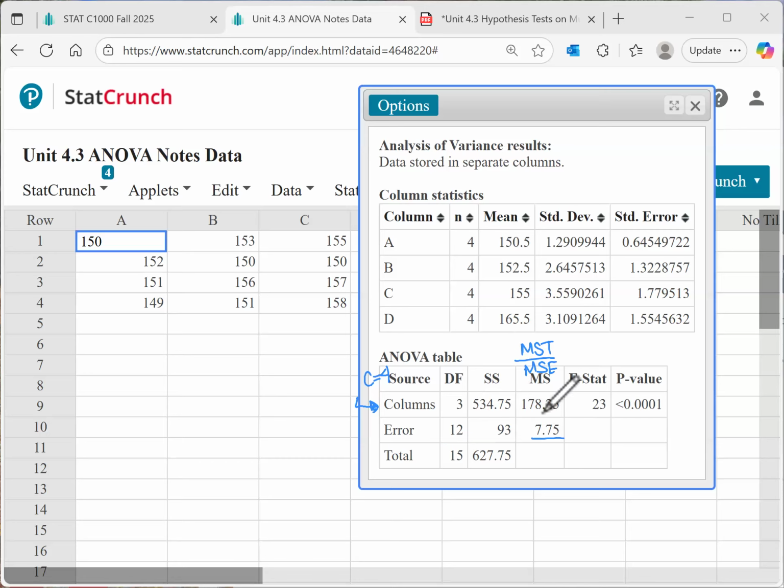And then 534 divided by 3 is roughly 178. So these here are the MST, and here's MSE.